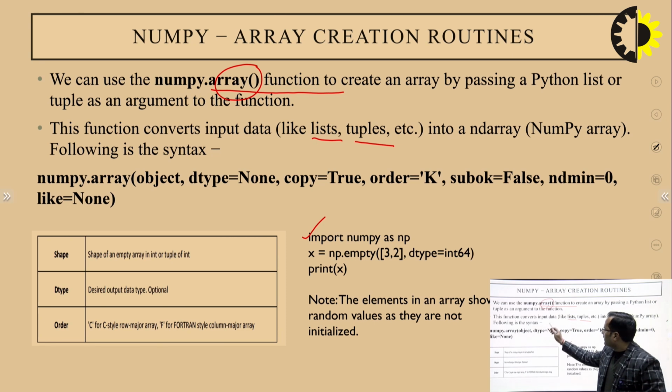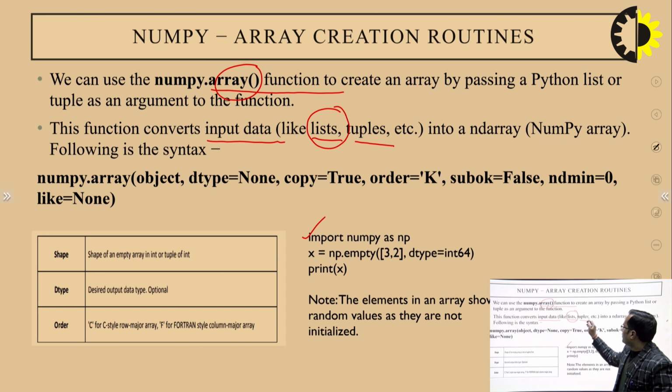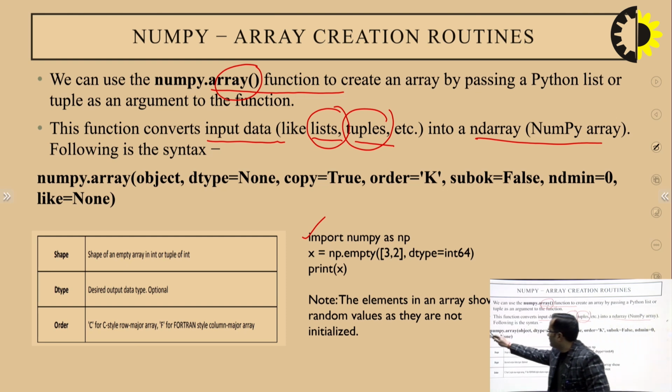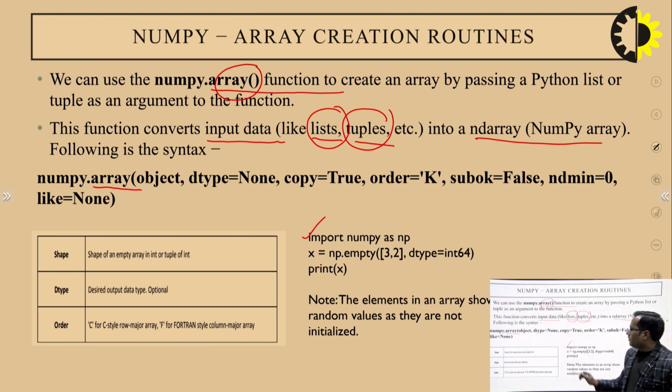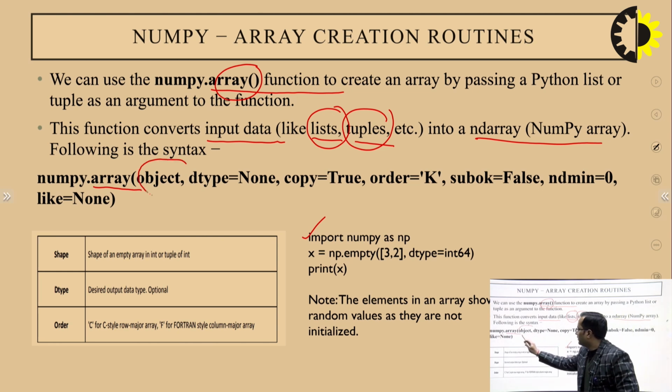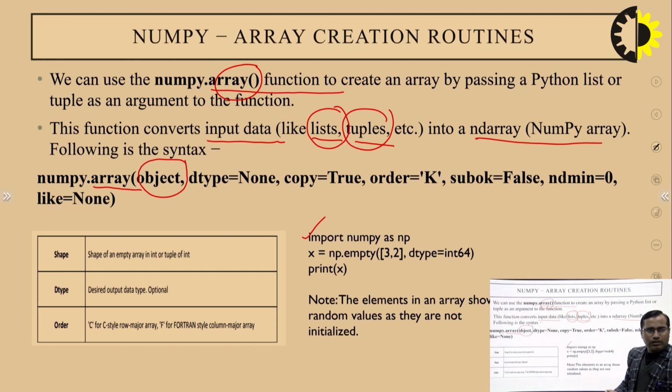This function converts the input data, like the lists or tuples we have passed, into an ndarray or Numpy array object. The basic syntax of this array function is numpy.array. The first parameter is object, which is any data like lists or tuples. We can pass the dtype, and the default is none.